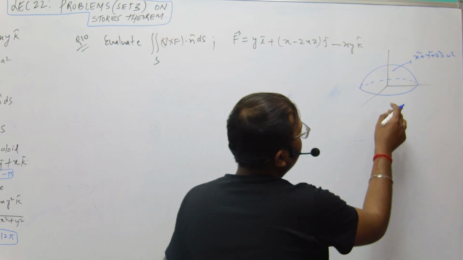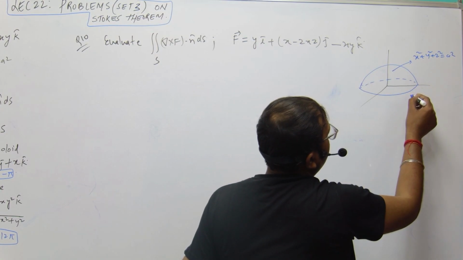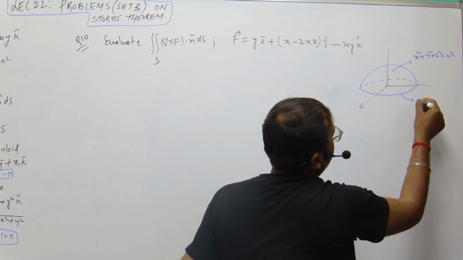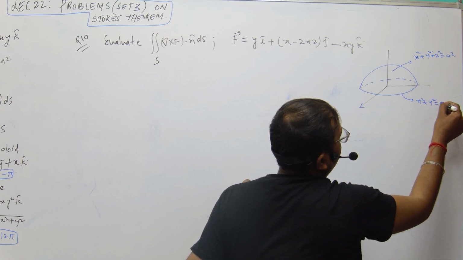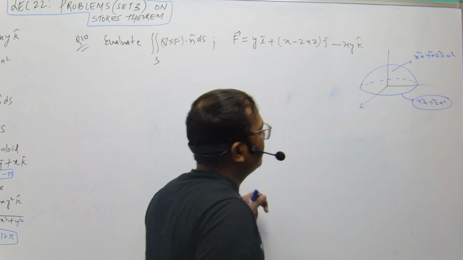Curve C will be a circle because z is 0 here, as it is lying in the xy plane. So this will be x square plus y square is equal to a square. This is the equation of the curve C.